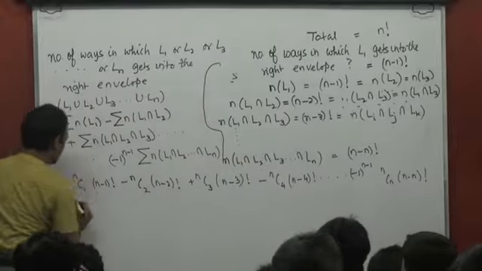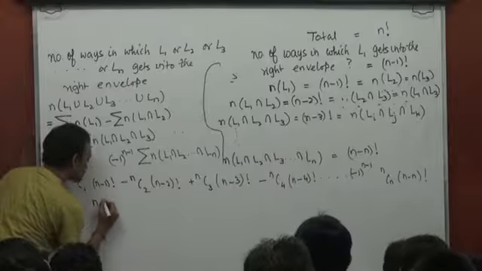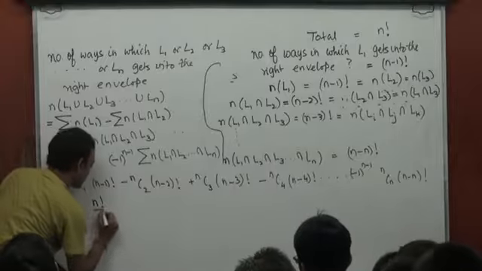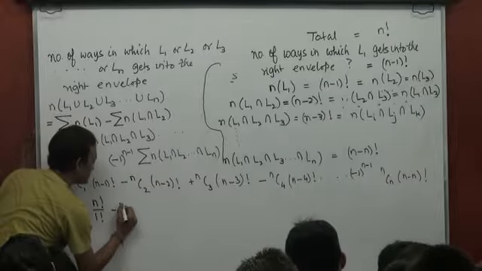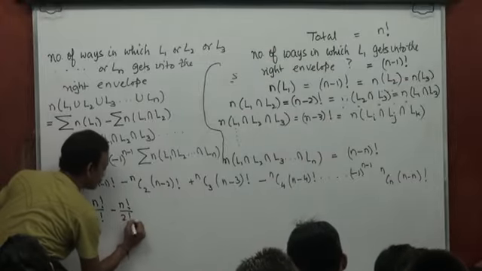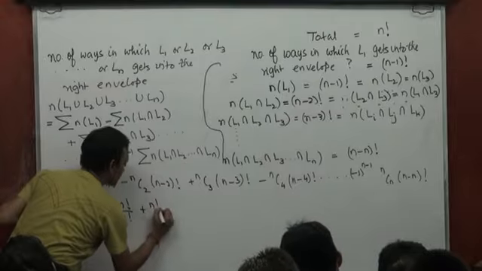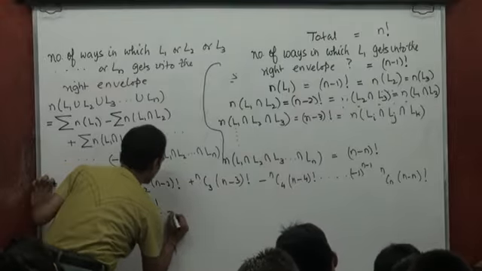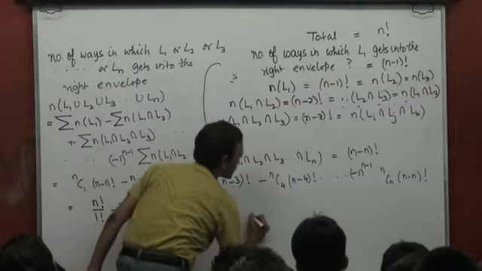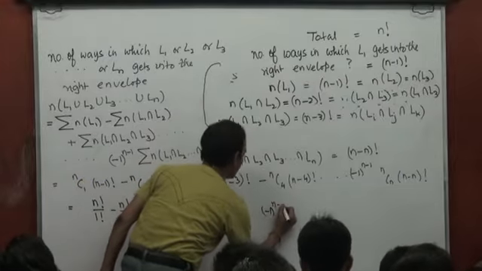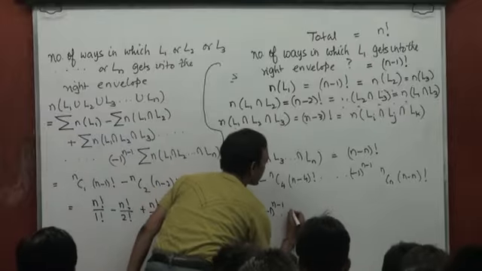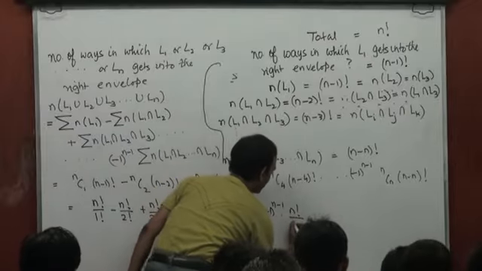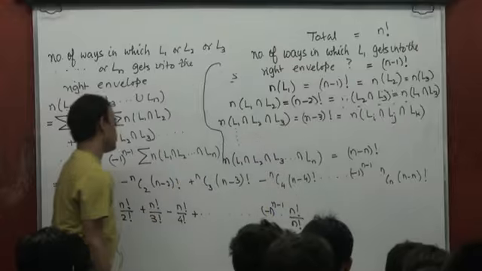So this assumes the following format: n factorial by 1 factorial minus n factorial by 2 factorial plus n factorial by 3 factorial, going this way, minus 1 to the power n minus 1 into n factorial by n factorial.